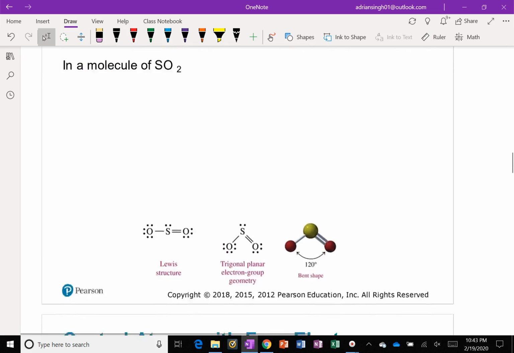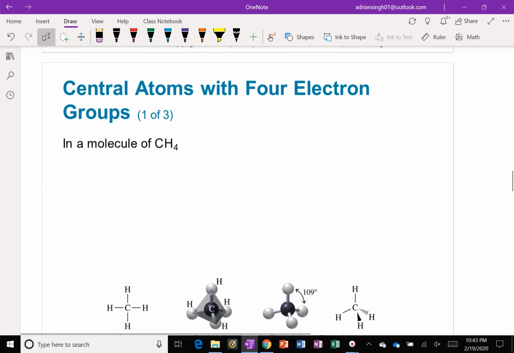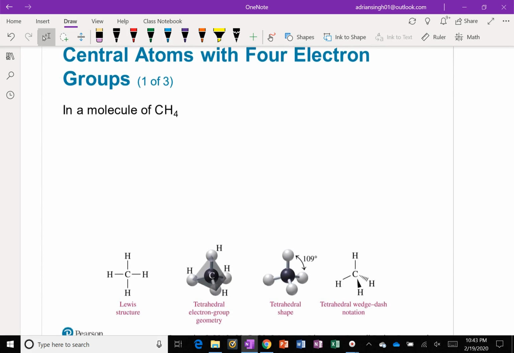If we look at maybe a central atom with more than 3, so a central atom with 4 electron groups, right? We did methane or CH4 in class and in lab, and we've seen that the Lewis structure for this looks like that. So C in the middle with 4 H's around. So again, we focus on the central atom, carbon, and this has 4 electron groups around it.